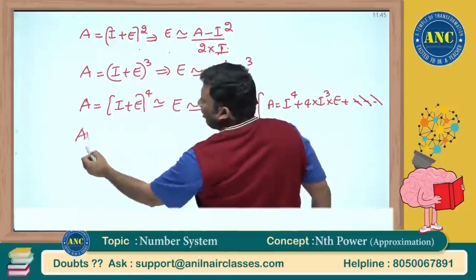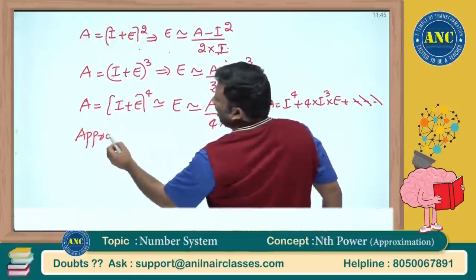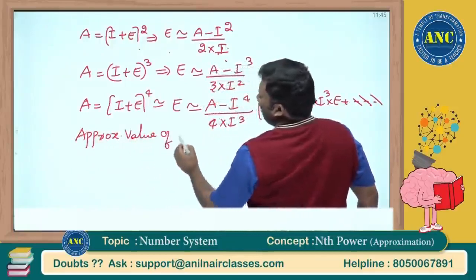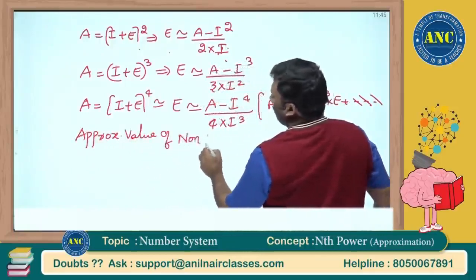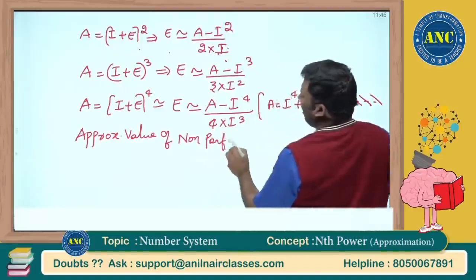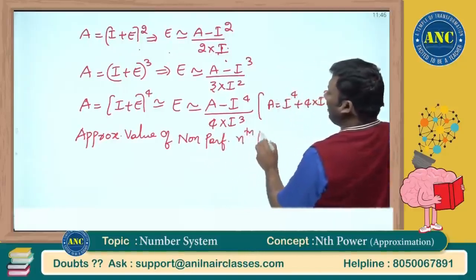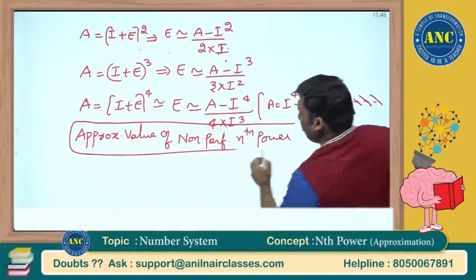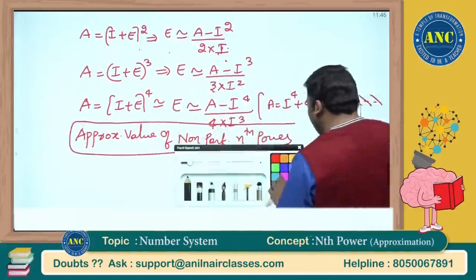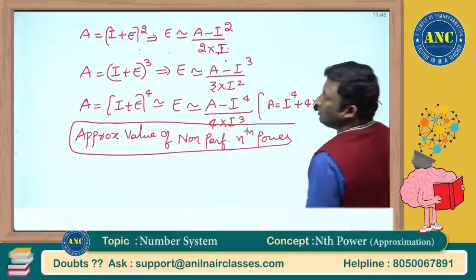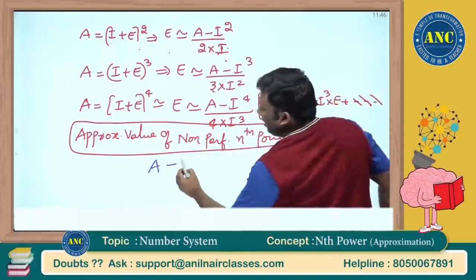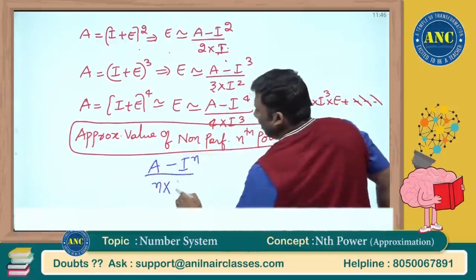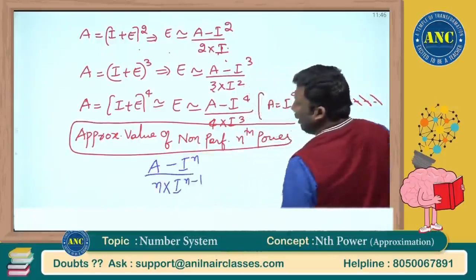Now please make a note of one important concept: approximate value of a non-perfect nth power. This is the heading for today's class. Once you know this concept, these are all extremely important. E is nothing but A minus I power n divided by n into I power n minus 1.